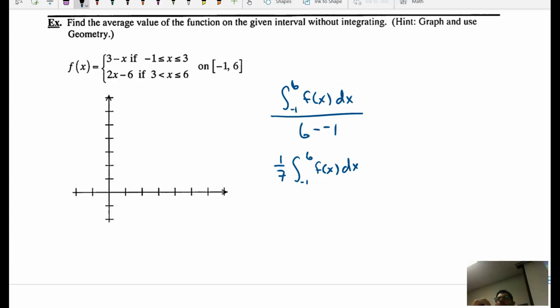So can we skip that part? Anybody opposed to skipping that? Let me ask this: if instead of this part, we were going to integrate this piecewise function from -1 to 6, how would we integrate it?